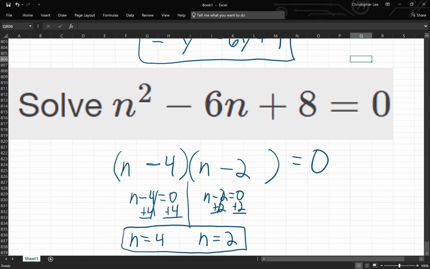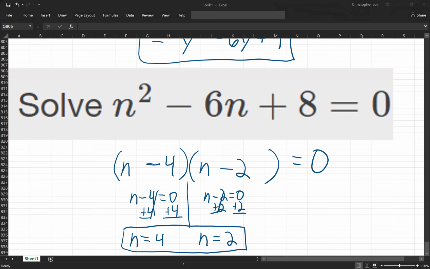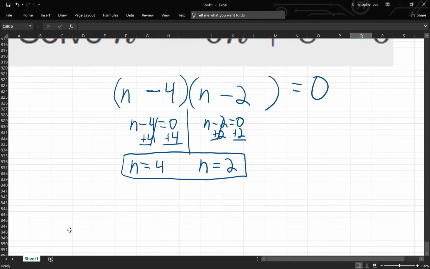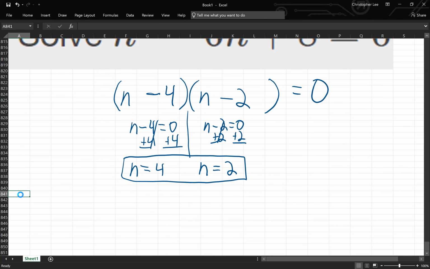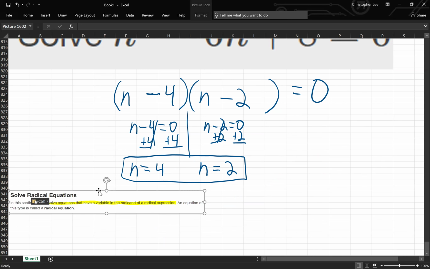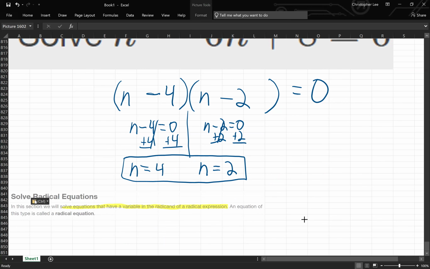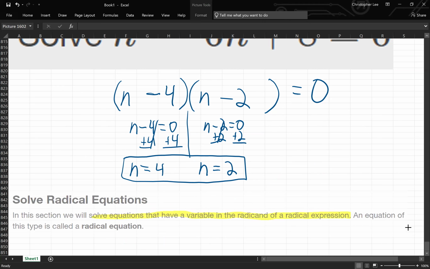All right, let's keep it moving. Here's what we're getting into. So we want to solve radical equations, right? In this section, we will solve equations that have a variable in the radicand of the radical expression.